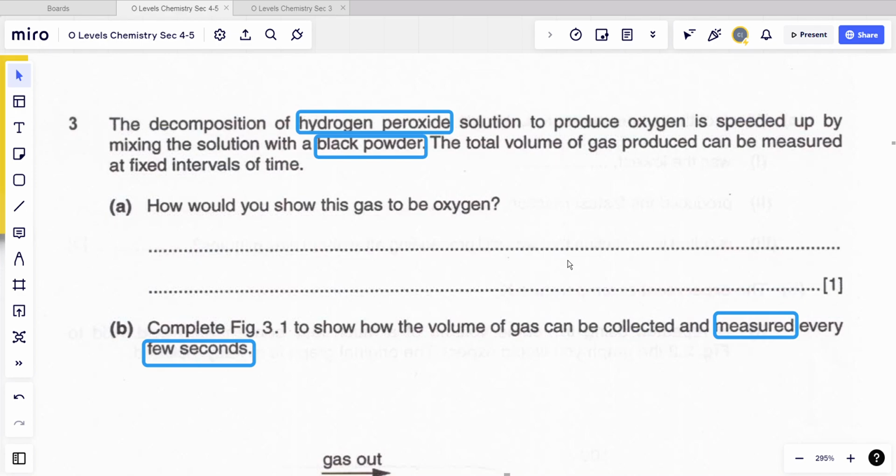That is a decomposition reaction. Have you seen this before? I've gone through this with them before.